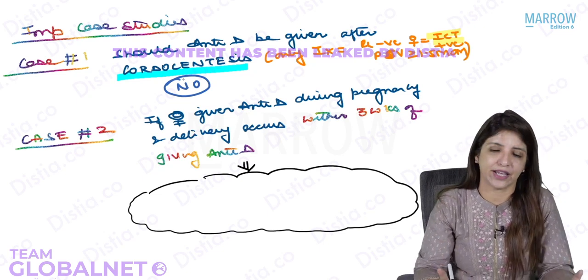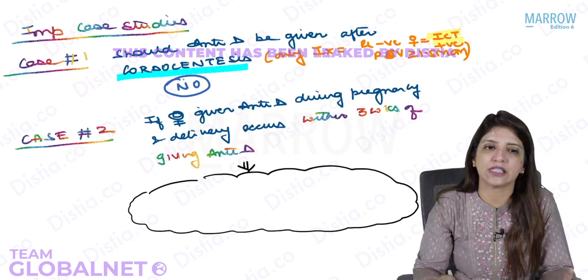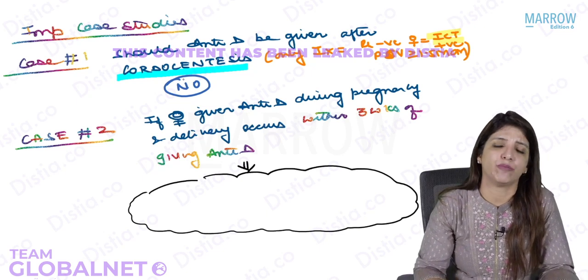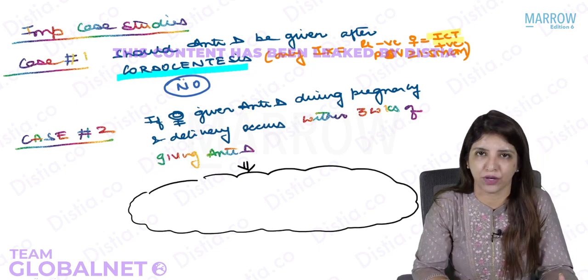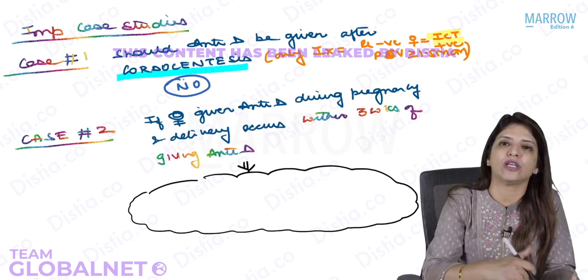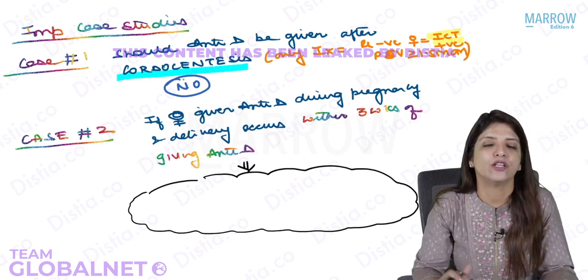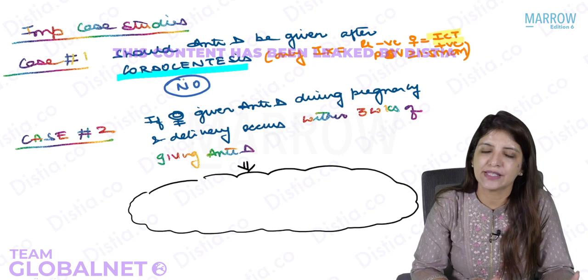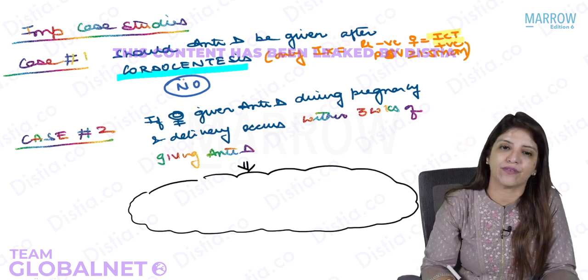The second case scenario. If there is a pregnant female, Rh negative female, to whom you had given anti-D during pregnancy, and within 3 weeks of giving anti-D, the female has delivered, right? Now, after delivery, should you give anti-D?